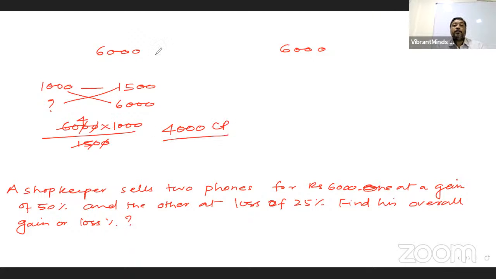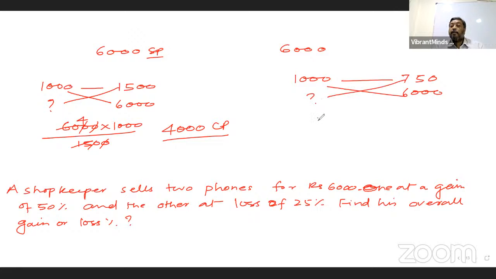4,000 is the cost price. This is the selling price. Here he is getting a loss of 25%. Suppose if he sells for 1,000 cost price and he is getting a 25% loss, means he is selling for 750. But actually he is selling for 6,000. So what will be the cost price?